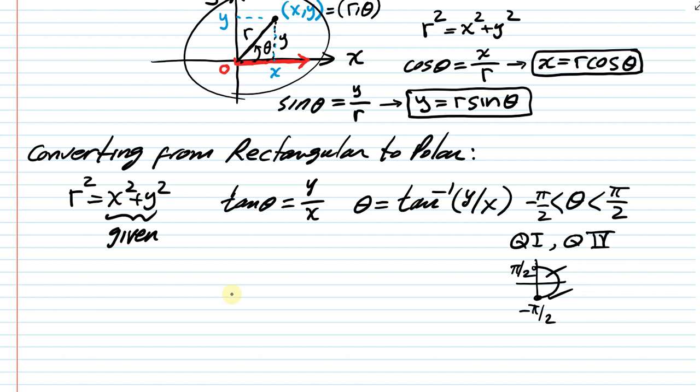Then what if the point is in the second or the third quadrant? Well, then we need to make an adjustment to theta. In this case, we need to add pi to it. It's going to be pi plus the arctan of y over x. And that way the point will be reflected.